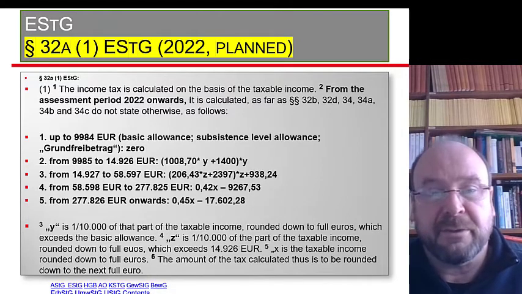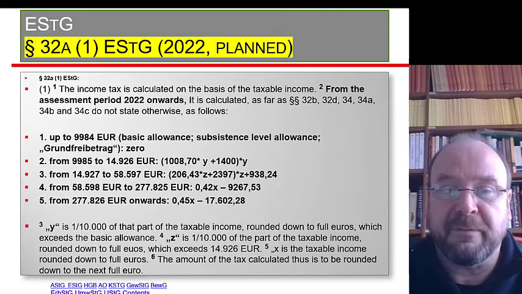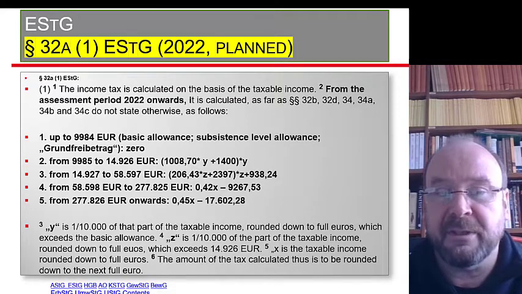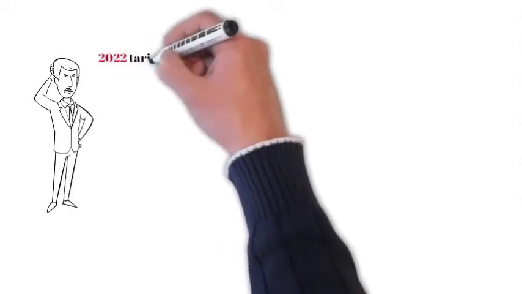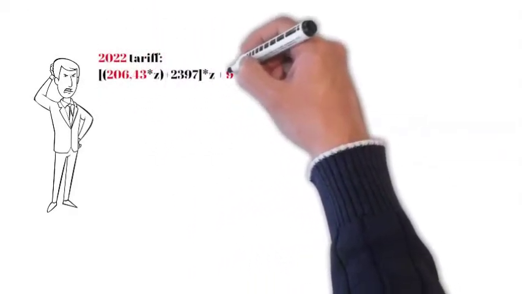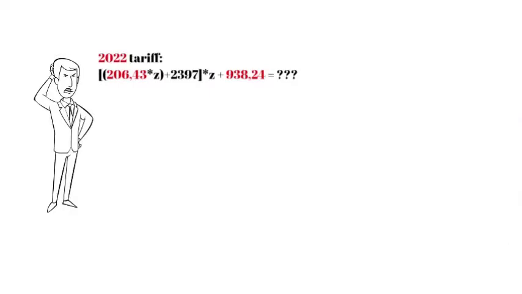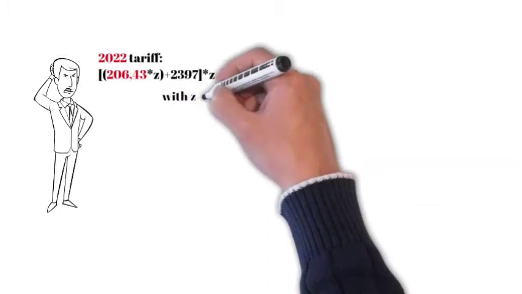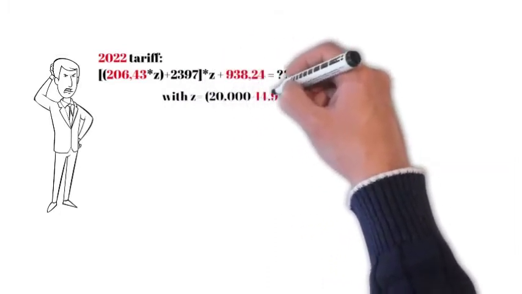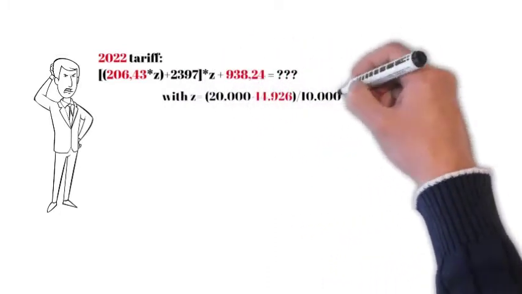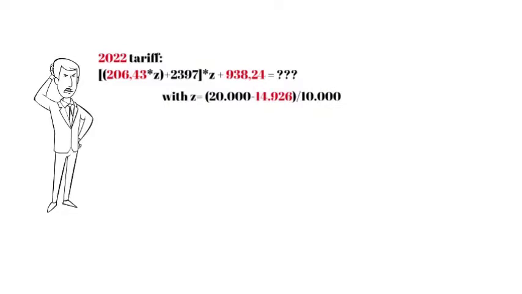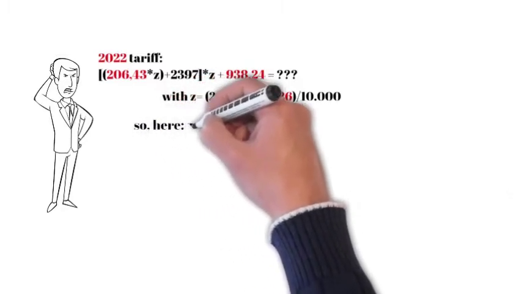If you just want to see how that would work for 2022, let's try to recalculate our example for 2022. Again, we take the tariff function first from the law, or from the tax act, however you want to call it. We calculate the value of the variable, here z. And after some fight with the calculator, we get a result.